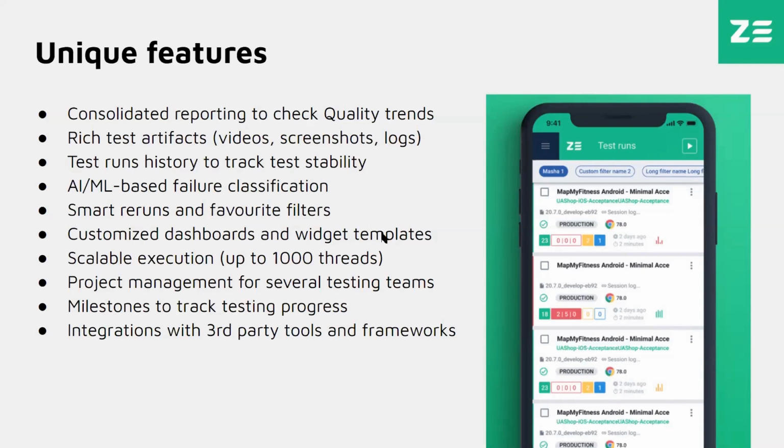So the opportunity for filtering the test runs helps you to logically organize them and save time on search, and customize dashboards and widgets that can be easily configured for your project in real time, help to always know what's going on with your product, with your test automation.